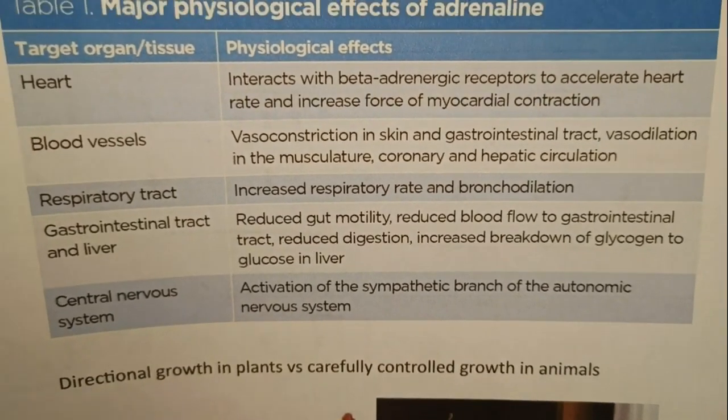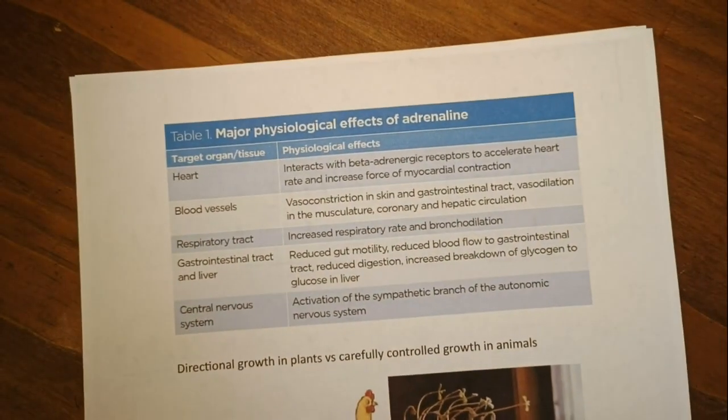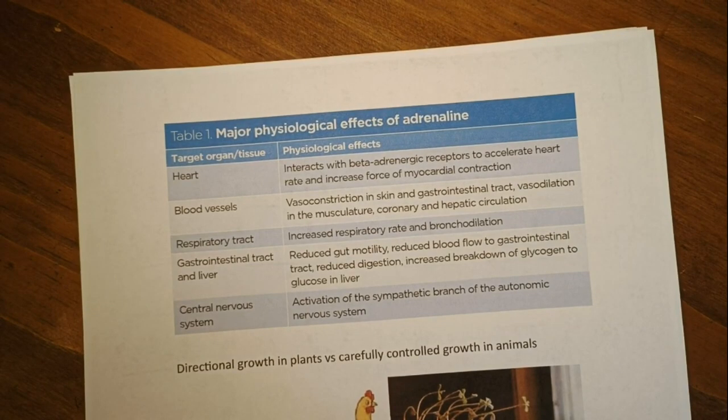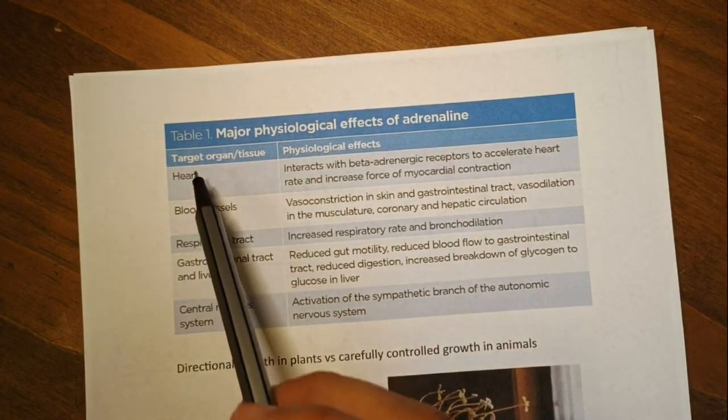Okay, so these are the effects of adrenaline on various systems in a scary situation, that is acute stress situation. And the organs on which they act, they are called target organs.